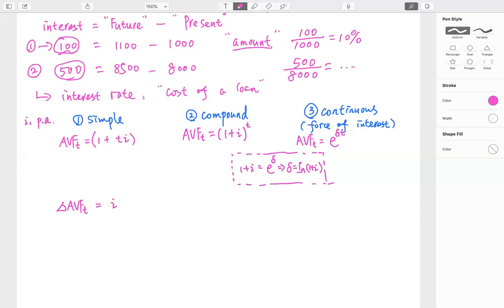It's I. The amount of change is a constant and is equal to I. But if we consider compound interest, it is rather the percentage of change that is a constant, and it is I. So the percentage of the changes is a constant I.